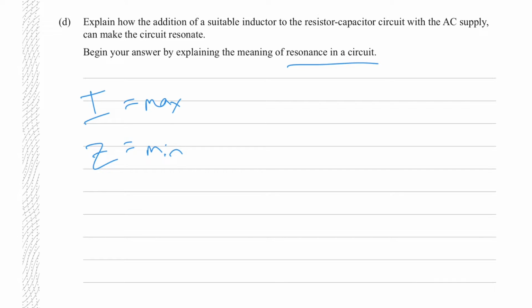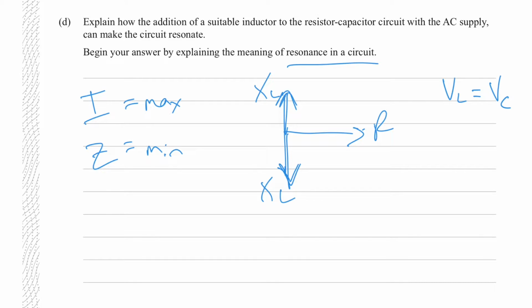Minimum impedance just means that your capacitor and your inductor, because they work in opposition to each other, when XL and XC are equal, then the voltages across them will be equal in magnitude and in opposite directions, 180 degrees phase difference. So they oppose each other, cancel each other out, and you're only left with the voltage across the resistor.